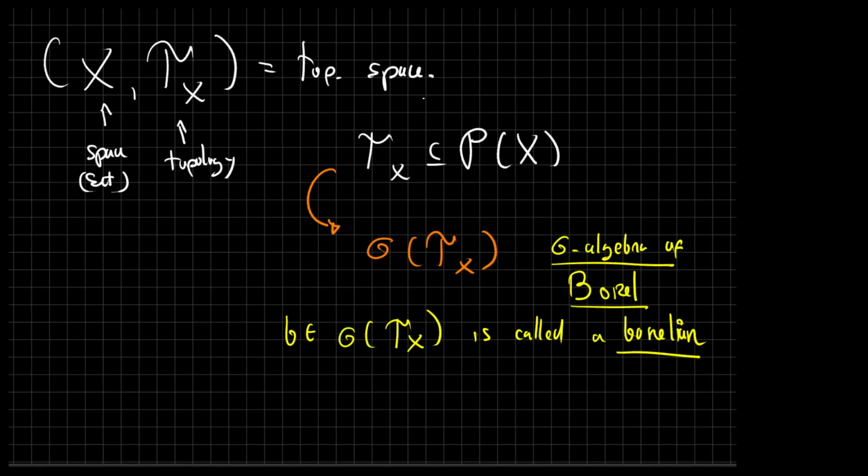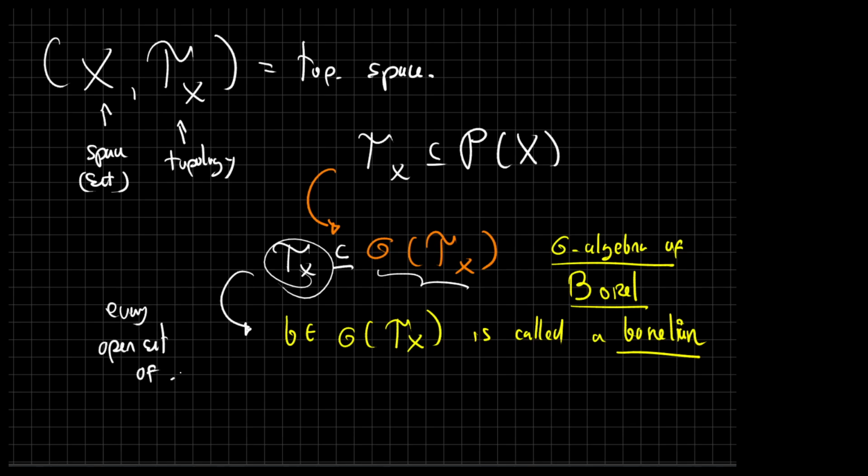So you know that the topology is included in this sigma algebra, so every open set of X will be a Borelian of X, because every element in the topology is an open set.